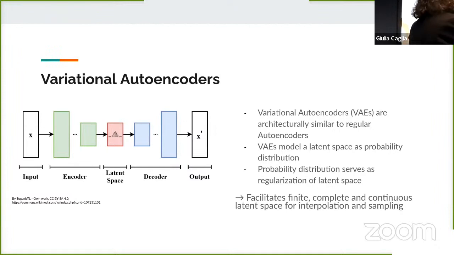On one side, every time we decode from this encoded sample, we will get a slightly different result, because this is not a deterministic point in the latent space.